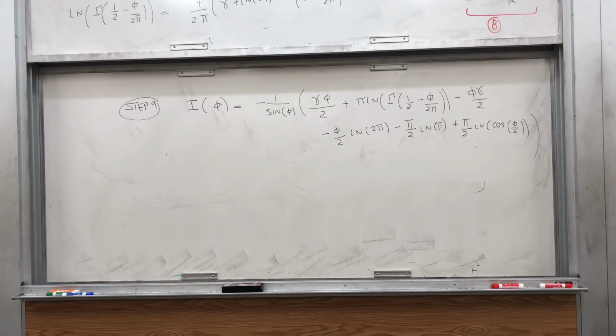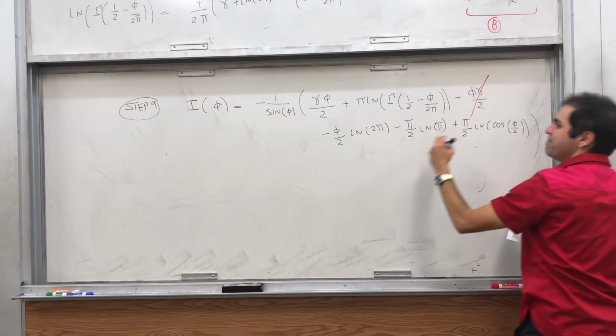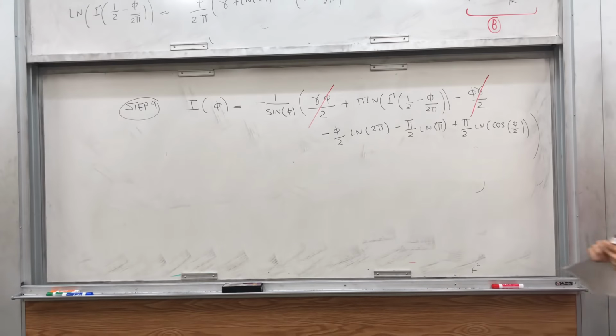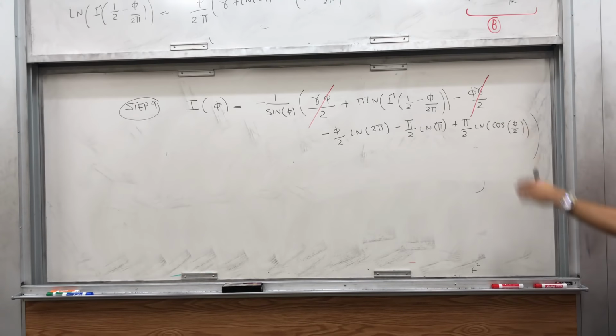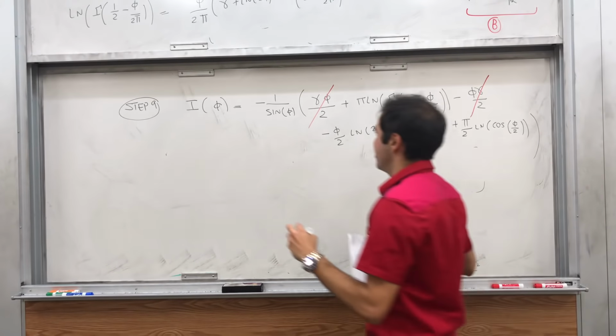And now notice the beautiful thing. So the gamma, the little gamma, which we don't really care about, notice it actually cancels out. So we don't even need the little Euler-Mascheroni constant, but what we get then is an expansion in terms of the gamma function, which is all right.